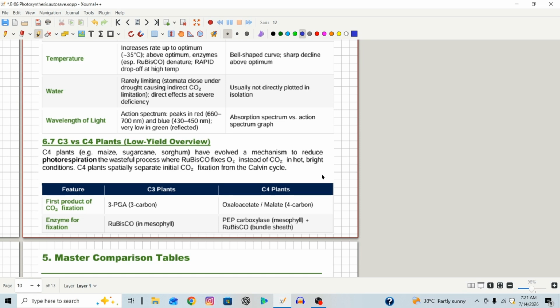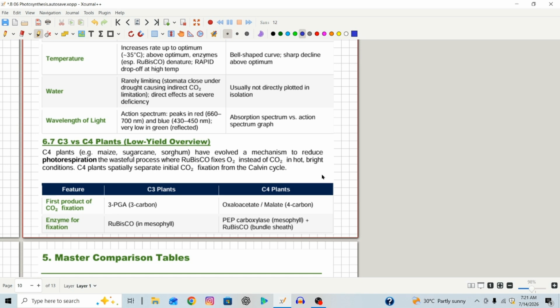C3 plants perform a high amount of photorespiration, while C4 plants do not perform photorespiration. Photorespiration is bad for the plants. For C3 plants, the first product is 3-phosphoglycerate, but for C4 plants the first product is oxaloacetate or malate. It is a 4-carbon compound.